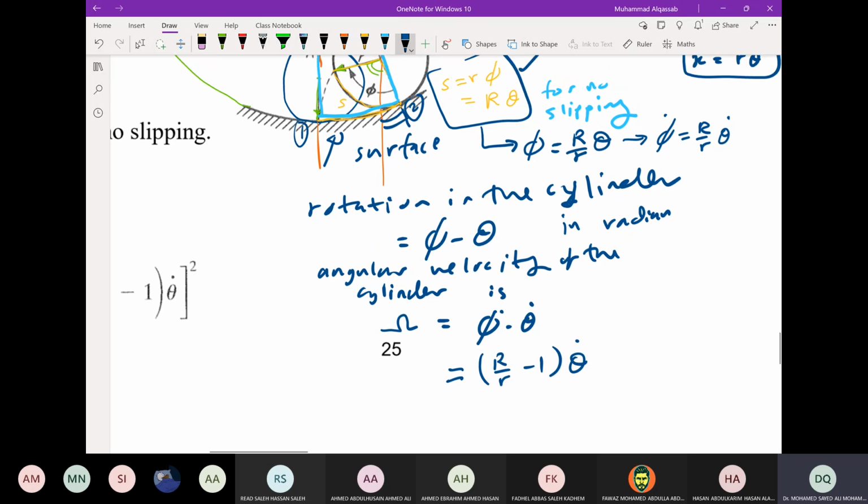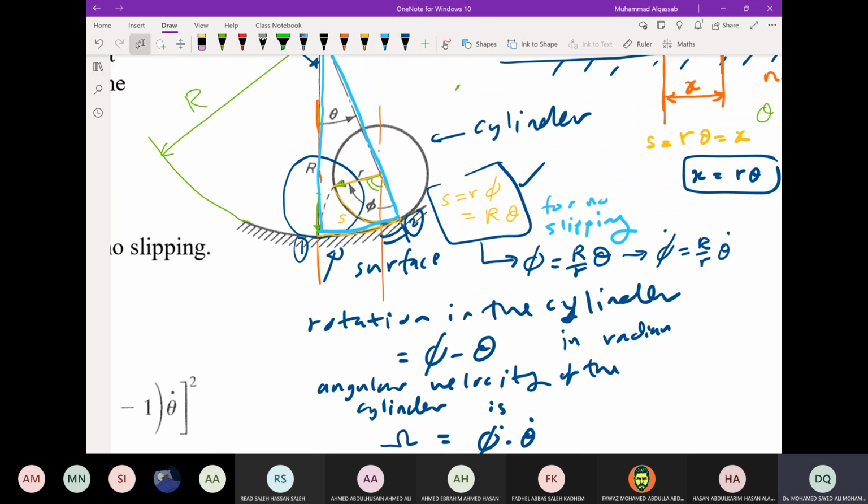One more thing is the velocity. Since the type of motion of the cylinder is rolling, which means it is general plane motion, the kinetic energy will be due to translation and due to rotation, as you did in dynamics.